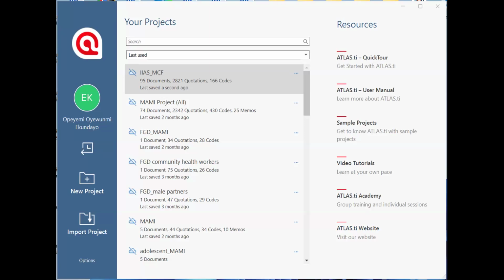Okay, but what I was saying was that you showed us that you were going to insert into the ATLAS.TI software to analyze for you. That code itself is generated by the researcher. The codes are generated by you, without the use of any software.